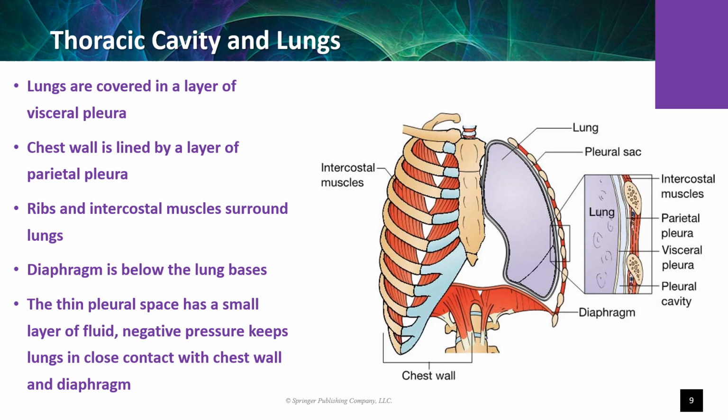The external intercostal muscles, which are innervated by motor neurons in the thoracic spinal cord, will contract. This will cause the ribs to elevate and move outward, increasing the circumference of the chest. The increase in thoracic volume pulls the lungs to a more open position and drops the pressure in the airways and the alveoli.